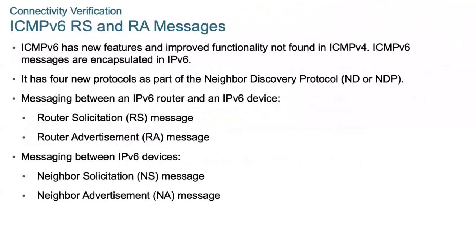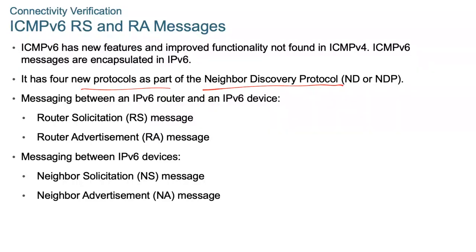So in this message, for IPv6 as compared to IPv4, it has 4 new protocols as part of the neighbor discovery protocols, ND. Neighbor discovery protocol, or you can write it as ND or NDP.